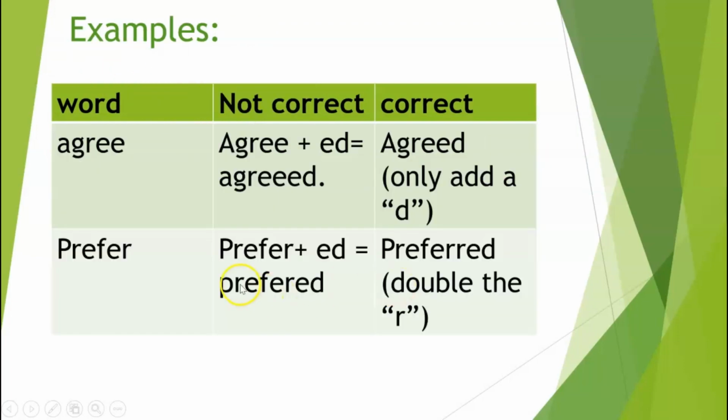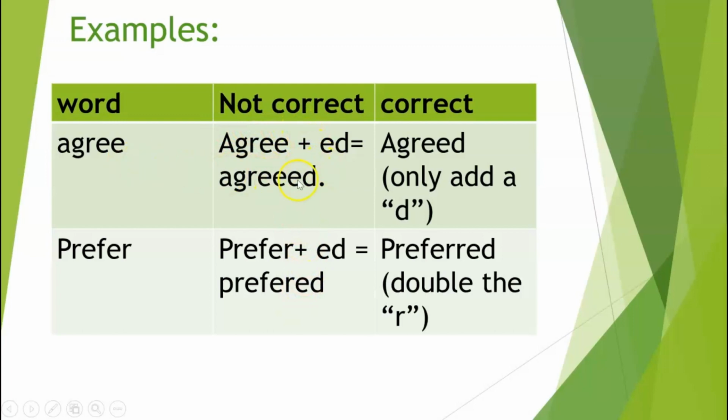Now, the 2 verbs agree and prefer, these are not regular. If you take agree and add an ed, you get this, and this is not correct. With prefer, if you add an ed, you get this, and this is also not correct.